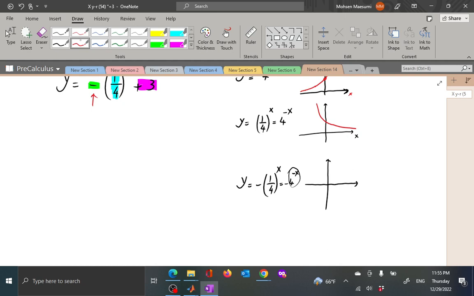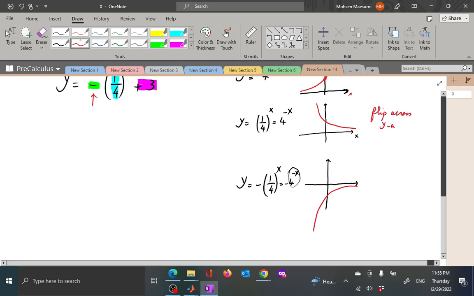So putting a minus in front of a function flips it upside down. So this is a flip across the y-axis.